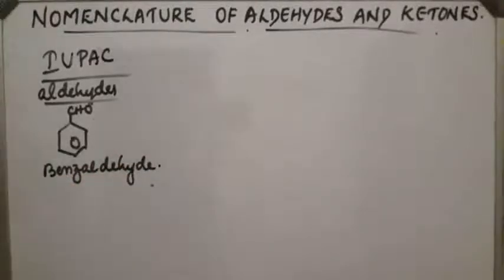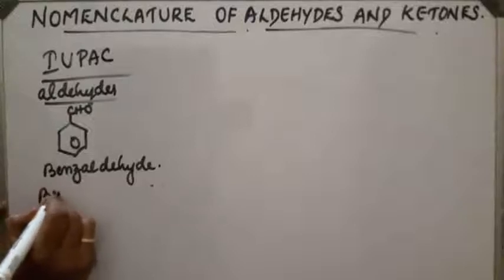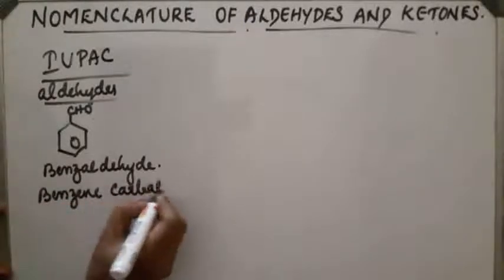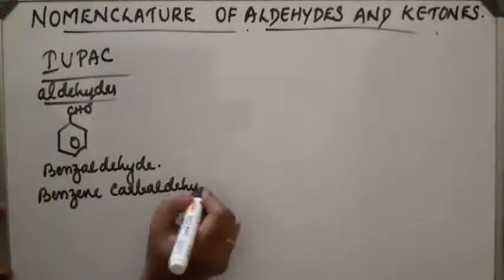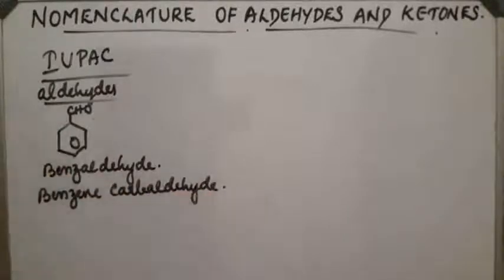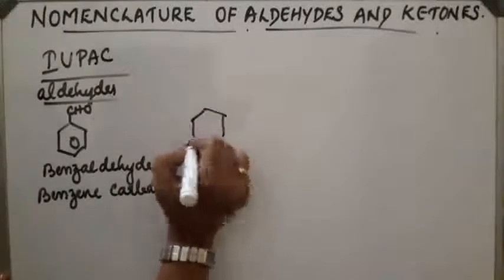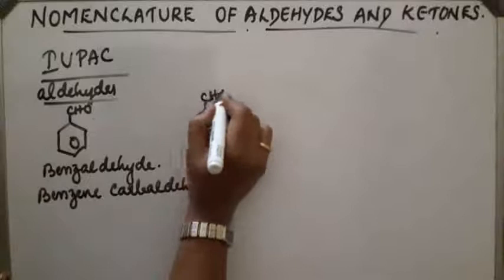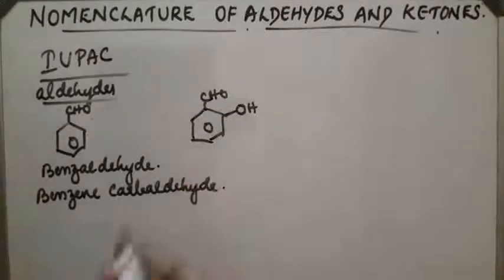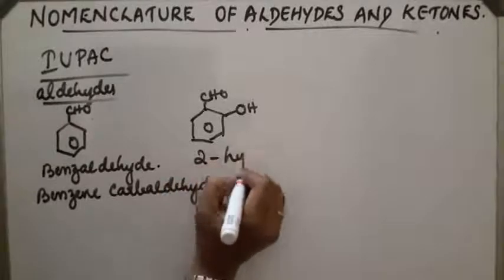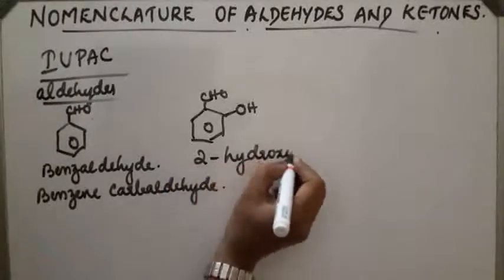The IUPAC name will be benzenecarbaldehyde, but normally we use the name benzaldehyde. Next compound, CHO with an OH group attached at the second position. This is called 2-hydroxybenzaldehyde.